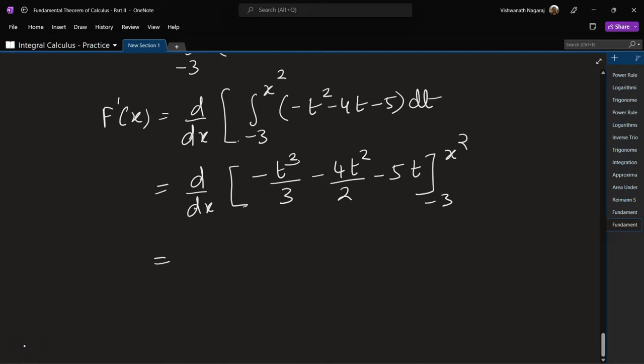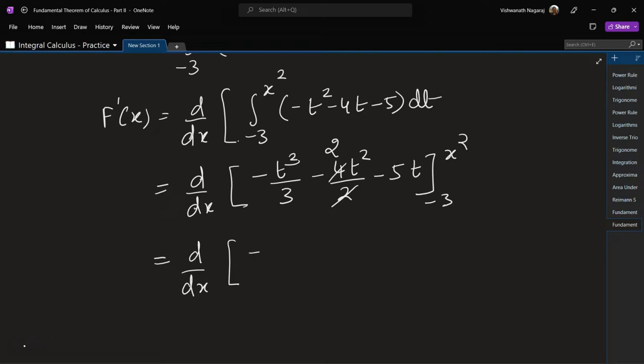Here we can simplify this 2t square. And now let's take care of the boundaries. So capital F of b minus capital F of a.